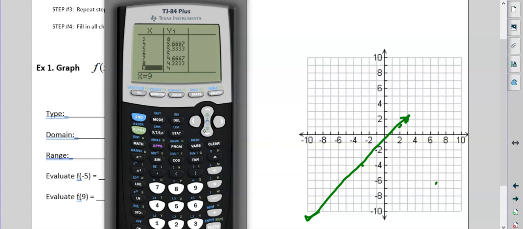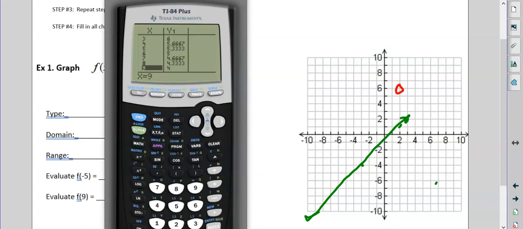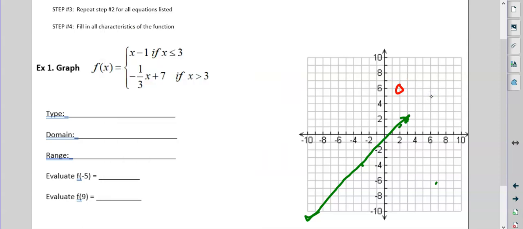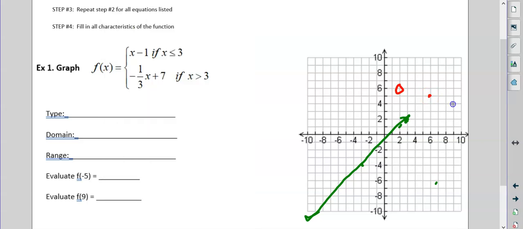So there we go, 3, 6. 6, 5. And 9, 4. And there's my piecewise graph. So whatever is best for you, whatever you feel most comfortable with, maybe practice it both ways a few times. Okay? That's how you do it.